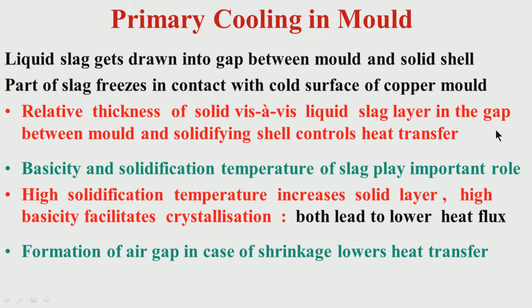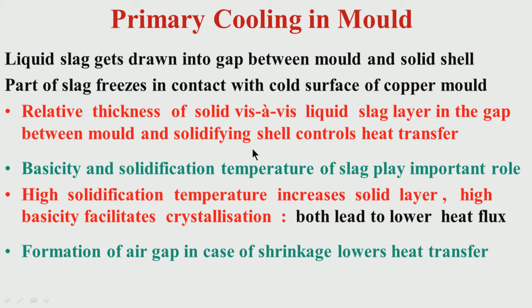How is it controlled? Controlled by two factors of the mold powder or the mold slag. First is the basicity, what is the ratio of calcium oxide to SiO2, and the solidification temperature of slag, they play important role. So, if you have high solidification temperature, then what happens?